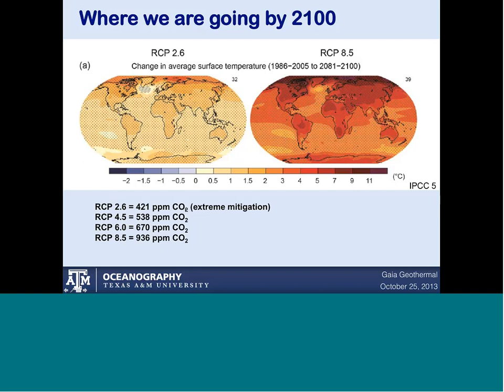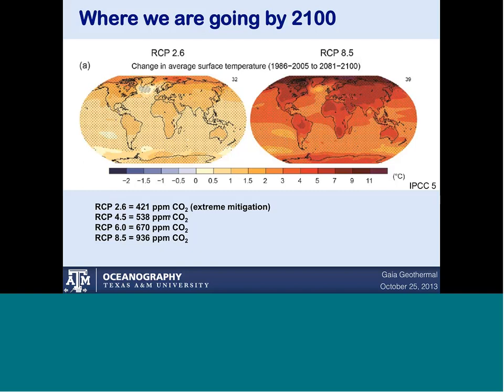Now keep in mind, we're already at 400 in 2013, so I think it's highly unlikely that we're going to be 421 by the end of the century. So this case is probably too optimistic. This represents extreme mitigation starting now, and it's probably unlikely that society is willing to take those efforts.